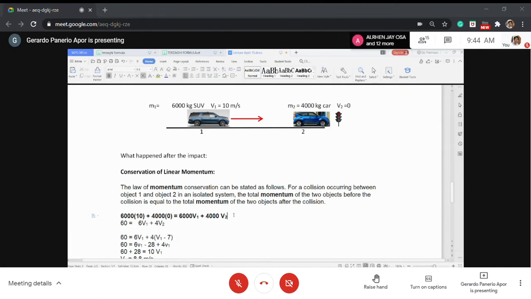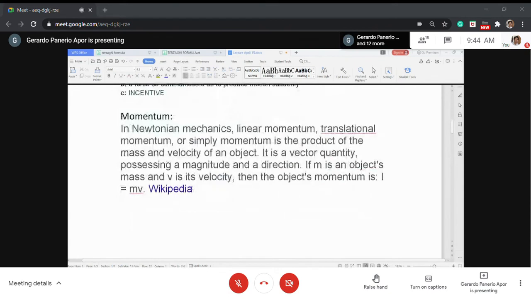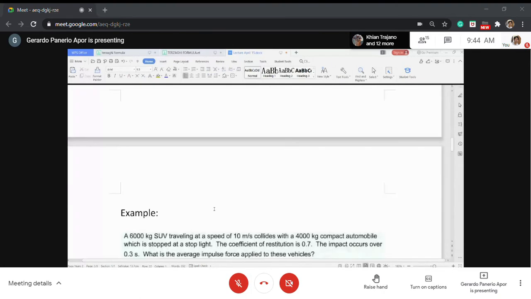Okay, so the equation here is the momentum of the two objects. If we recall, momentum is just the mass multiplied by its velocity. It's a vector, no? That is the object's momentum.